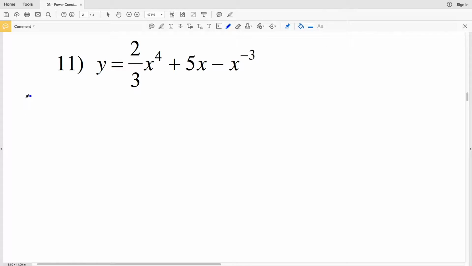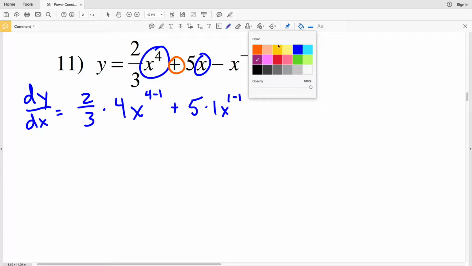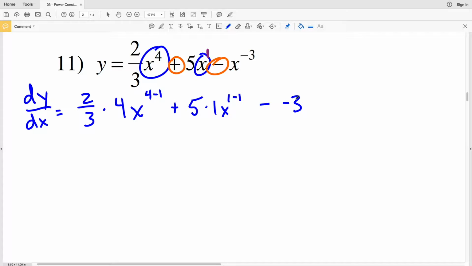So the derivative of y with respect to x is going to be 2/3 times 4 times x to the 4 minus 1 plus 5 times 1 times x to the 1 minus 1, because this x has an exponent of 1, and then minus negative 3 times x to the negative 3 minus 1.